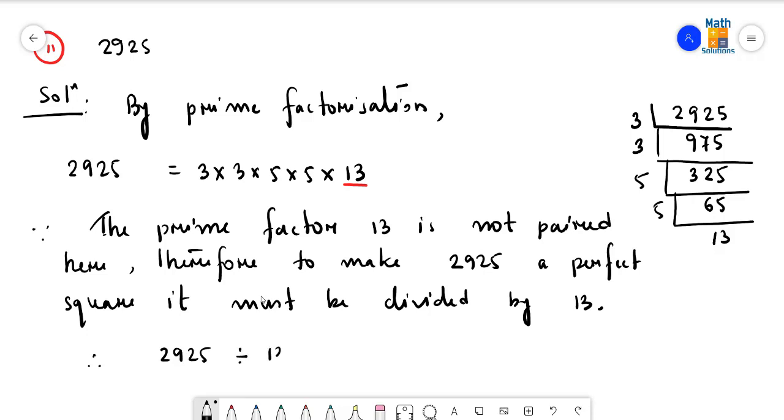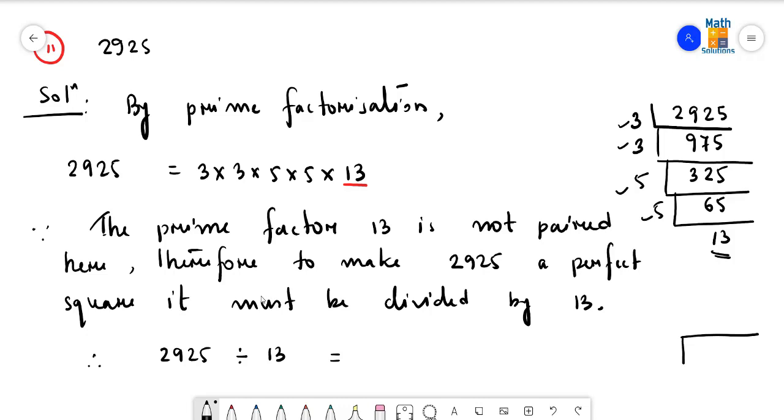Therefore we get here 2925. When divided by 13, we shall be getting, in this list these factors are there, 3 3 5 5 excluding 13. Let us check what we get. 3 3s are 9, then 5 5s are 25. So in total the product will be 225. Now let us check it once by dividing.